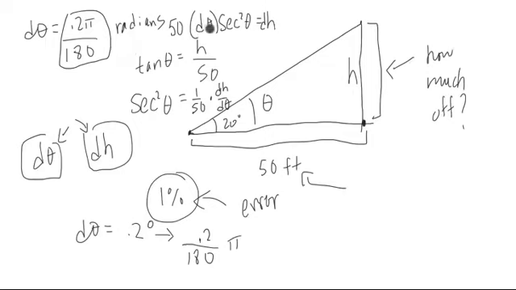We use the exact same value, the 20 degrees, converted to radians, or we could use degrees as long as the calculator is in degree mode. So how much off can we be? Plugging in d theta, dh equals 50 secant squared of 20 degrees times 0.2 pi over 180. The d theta needs to be in radians because we're taking the derivative with respect to radians, so we had to make that conversion.